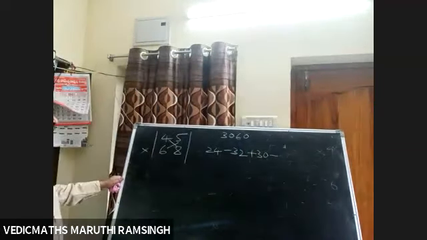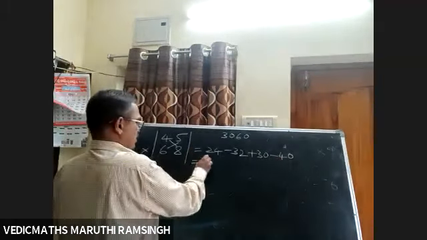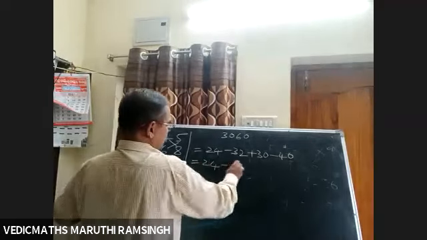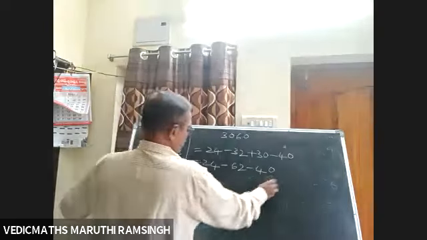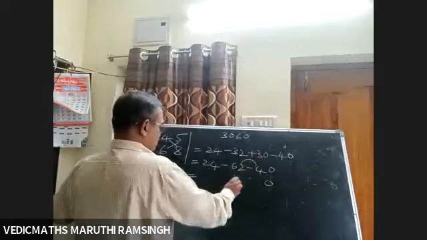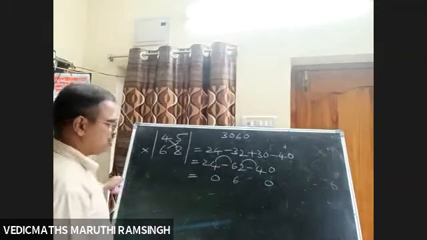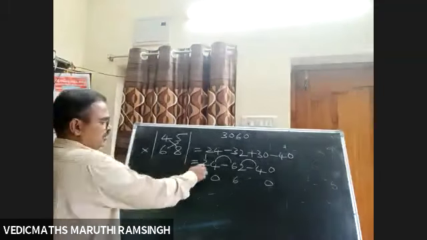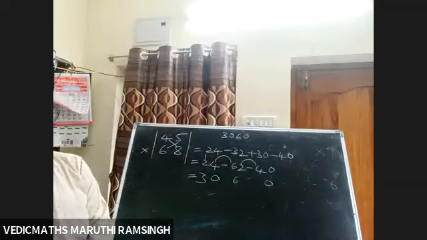Right side vertical, 5 8s are 40. 24 dash 62 dash 40. 0 will come out. 4 plus 2, 6. 6 plus 4, 10. Double digit number, write 0 outside and adjust 1 here. 2 plus 1 is 3. 3060 is the answer.